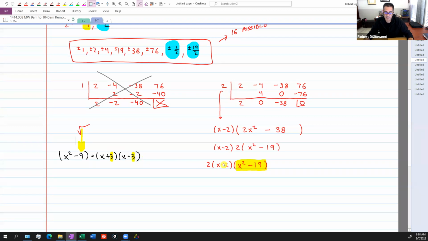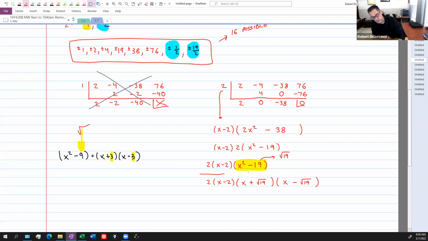You can use that same method: take this 19 and take the square root of it, which is not a nice number, but it is a number. So I'm going to rewrite this as 2 times (x minus 2), and then I'll have x plus something and x minus something. Because it's not a nice number, I'm just going to put plus root 19 and minus root 19.